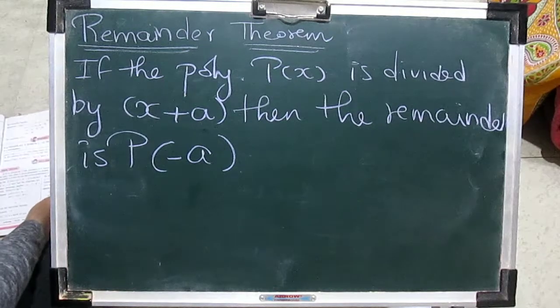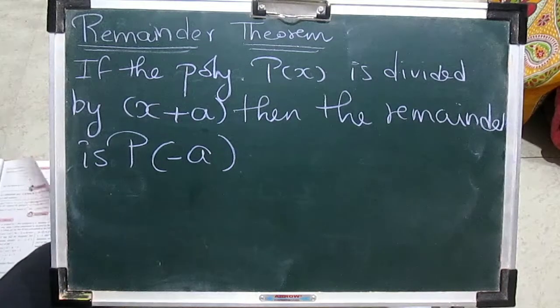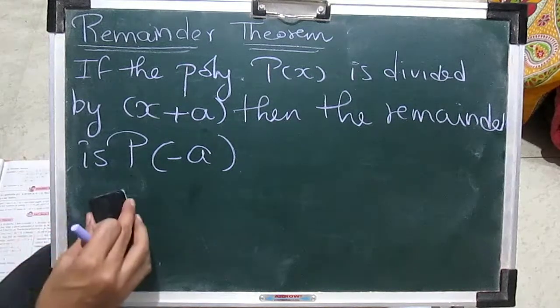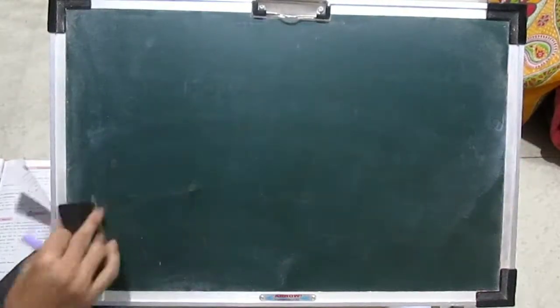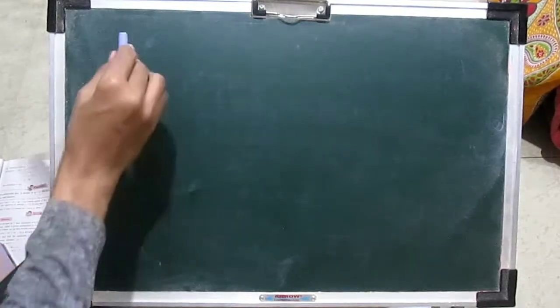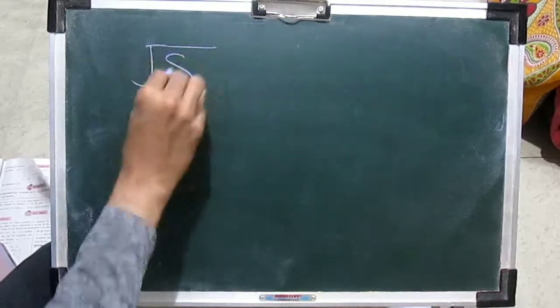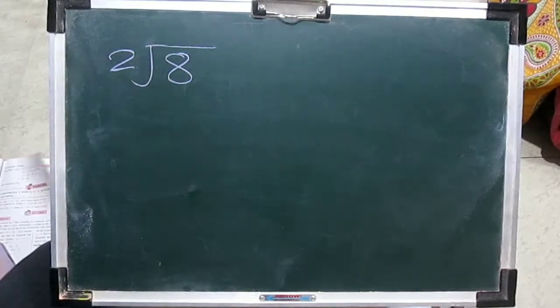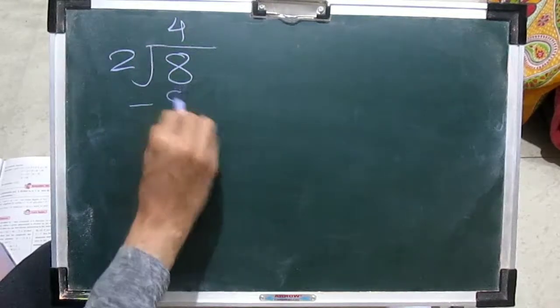One more important thing that comes after the remainder theorem is the factor theorem. Let's learn something about it. I will tell you a simple idea. If I tell you to divide 8 by 2, everyone knows the answer is 4. 2 fours are 8 and the remainder is 0.